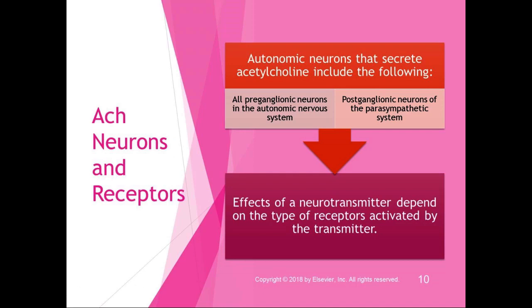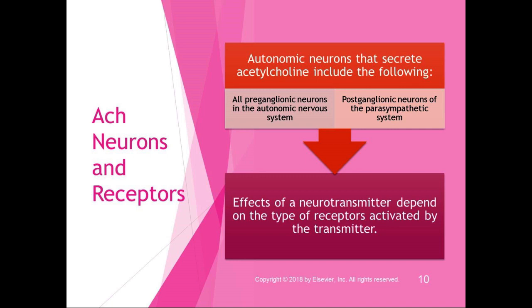So autonomic neurons that secrete acetylcholine include all preganglionic neurons in the autonomic nervous system. So all of the neurons that are going from the central nervous system to the periphery secrete acetylcholine. Postganglionic neurons in the parasympathetic system also secrete acetylcholine, but postganglionic neurons in the sympathetic system use norepinephrine and epinephrine.